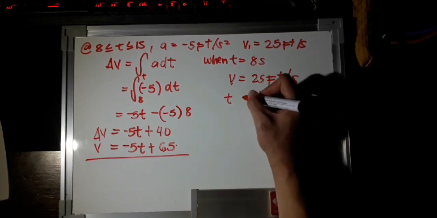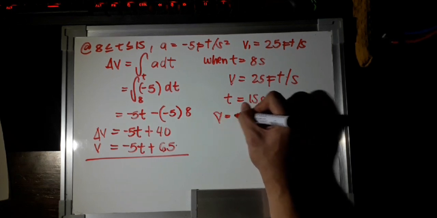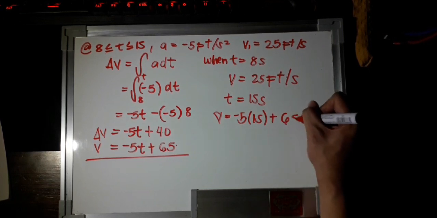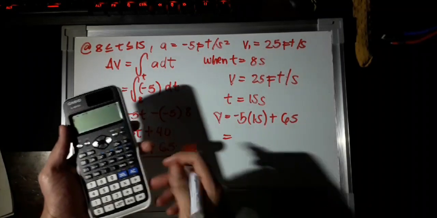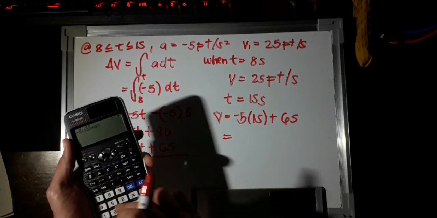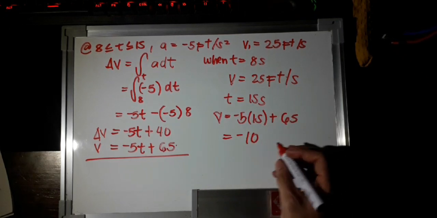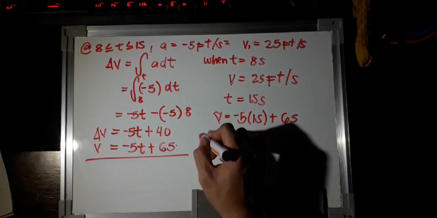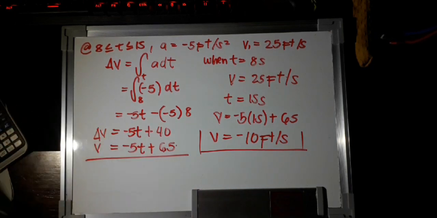And then when time is equal to 15 seconds, v is equal to negative 5 times 15 plus 65, that is negative 10 feet per second. So this is the velocity when time is equal to 15 seconds.